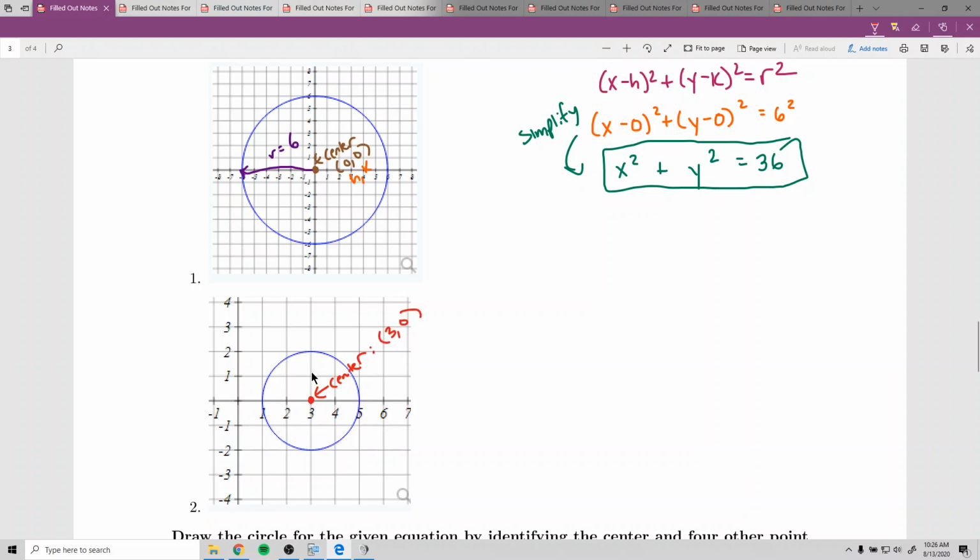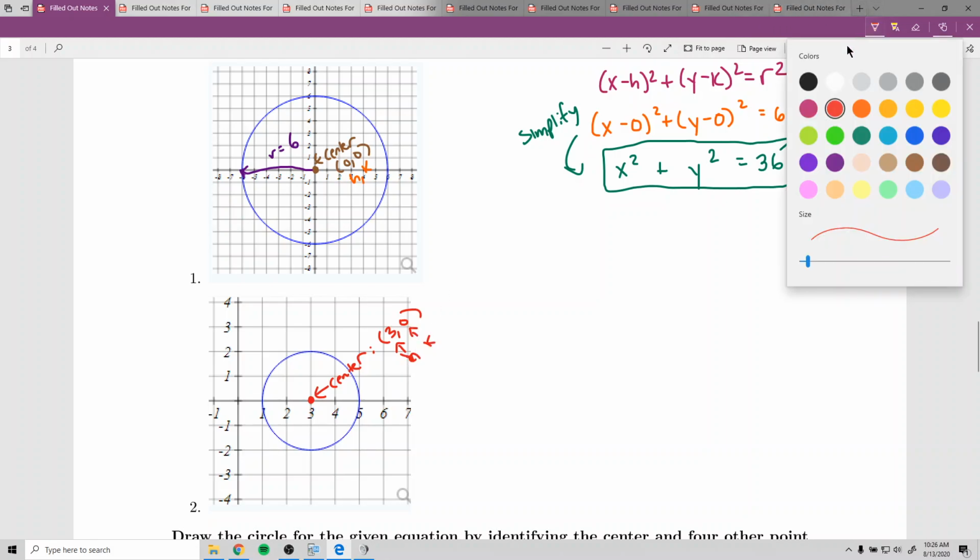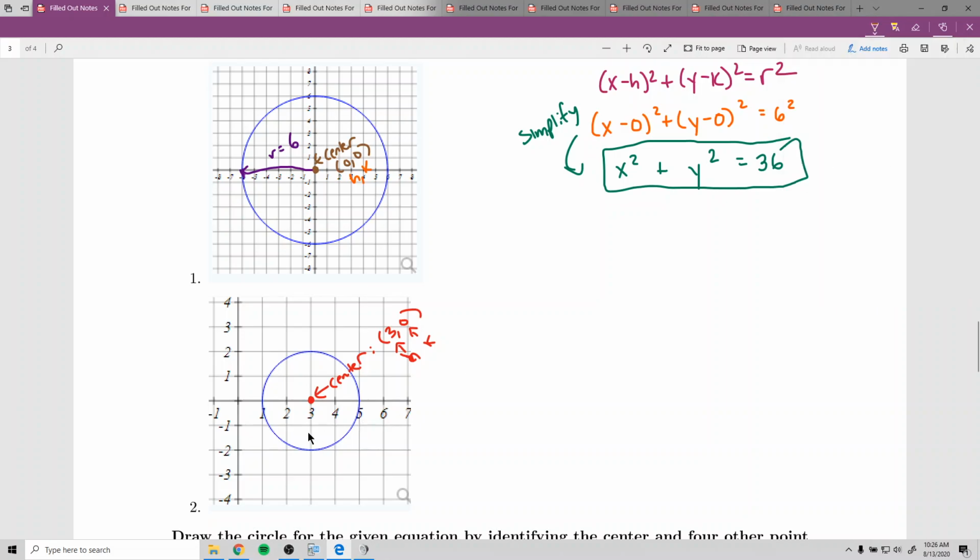We're on the x-axis. You might not be on an axis at all. That's okay too. So our h is 3 and our k is 0. And then the radius, just go from the center to either left, right, up, or down. It'll all be the same. The radius moving from 3 to 1 is 2.